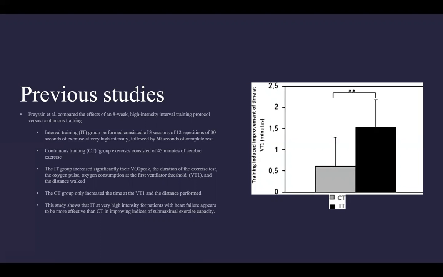This study also showed that interval training at very high intensity for patients with heart failure appeared to be more effective than continuous training in improving submaximal exercise capacity. The chart on the side shows the threshold where lactate begins to accumulate in the blood. It can be identified at the point where the breathing rate begins to increase. We can tell that in the interval training, it increased the most.